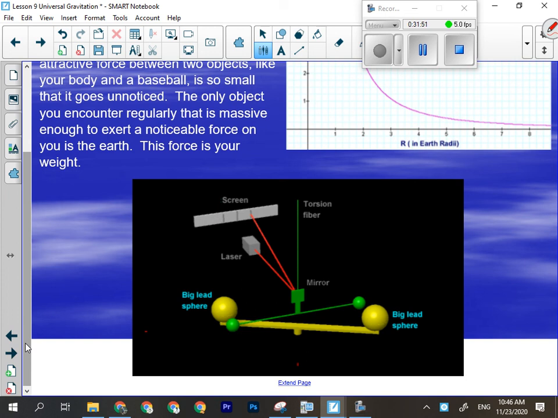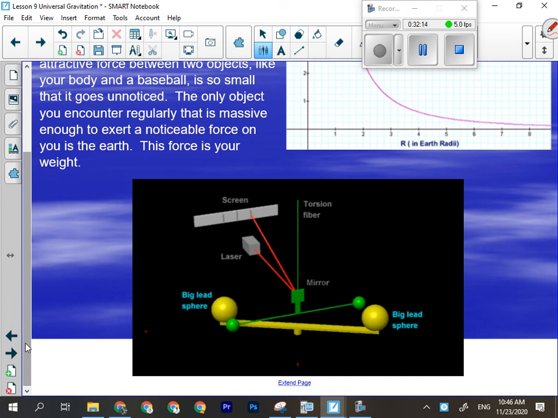He hung this other thing from the ceiling, and he made it out of wire, which he called the torsion fiber. Everything has a tensile strength, and it takes a certain force to twist them or change their shape. That's what tensile strength means. So this torsion balance was going to measure the force required to twist this wire.